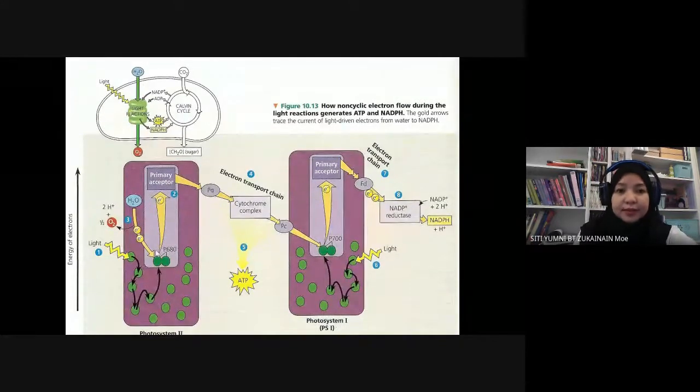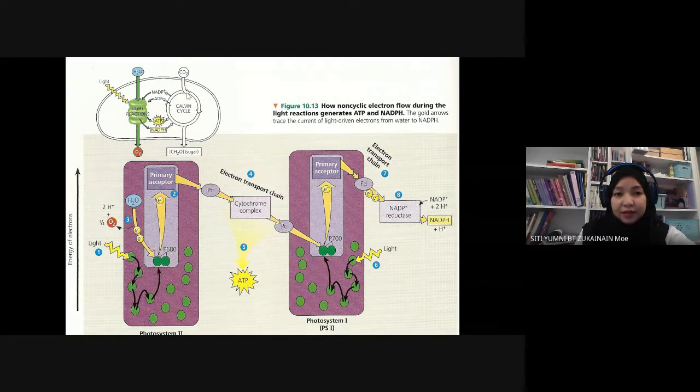Here, as you can see, I like photosynthesis. You know why? Because photosynthesis gives us two things that are important in our life, which are oxygen and sugar, or food. So water is involved in the light reactions to produce energy in the form of ATP and NADPH that will shuttle to the Calvin cycle.